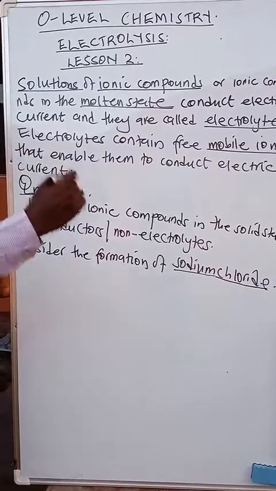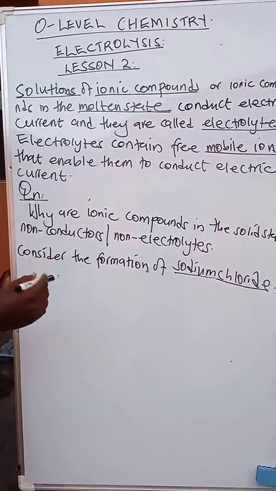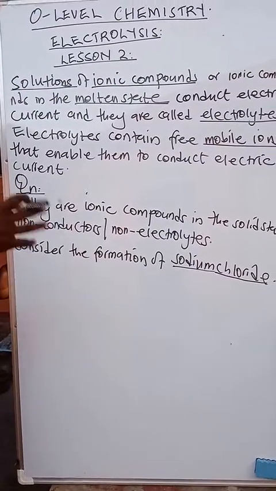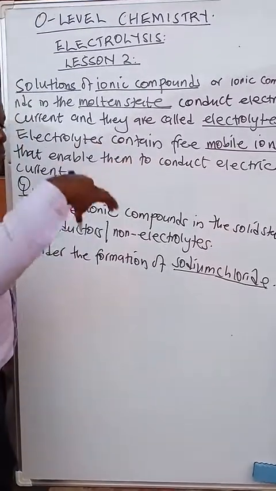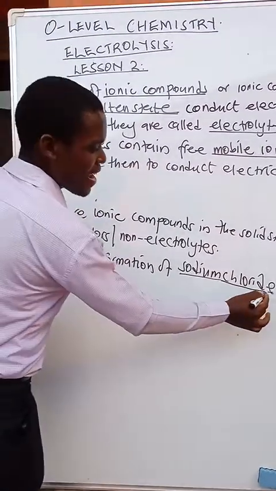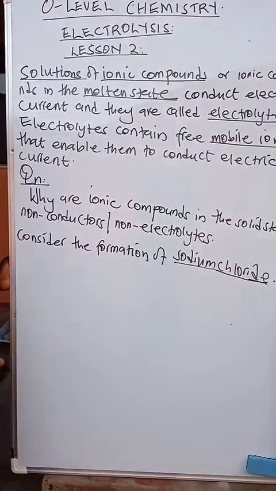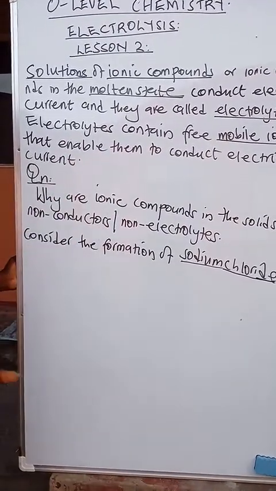For example, chloride from chlorine, sulfide from sulfur, nitride from nitrogen, oxide from oxygen. You understand? So you can use those examples I have given you: oxide, sulfide, nitride, chloride, and very many others.